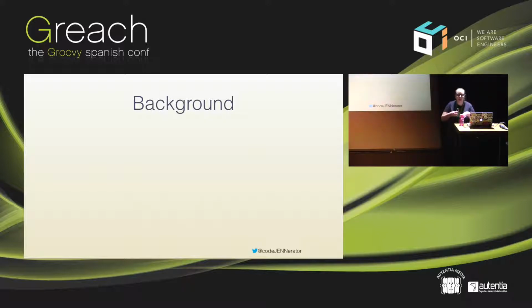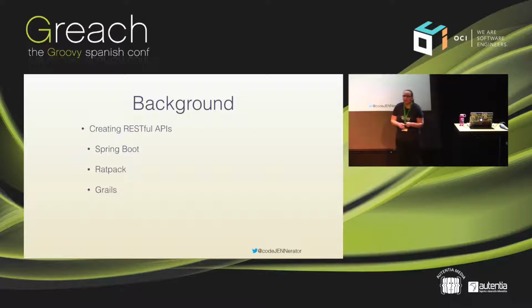And so now that you know a little bit about me, I'd like to know a little bit about you. I assume that if you're here, you have some idea of how to create a RESTful API. So by a show of hands, who has used Spring Boot to create APIs? Okay, probably about 40%.